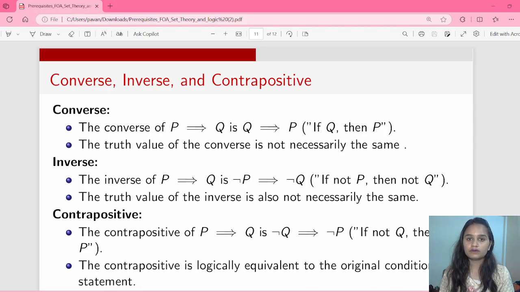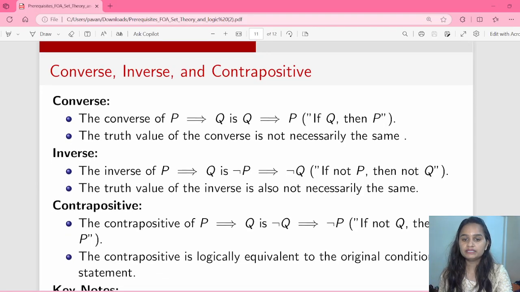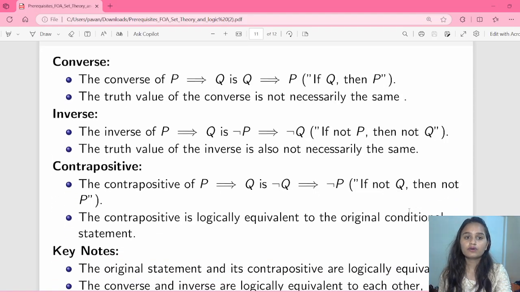The inverse of P implies Q is negation P implies negation Q, like we attach negation on the same statement. Contrapositive is the converse of the inverse. If we have a statement P implies Q, then the contrapositive is negation Q implies negation P.